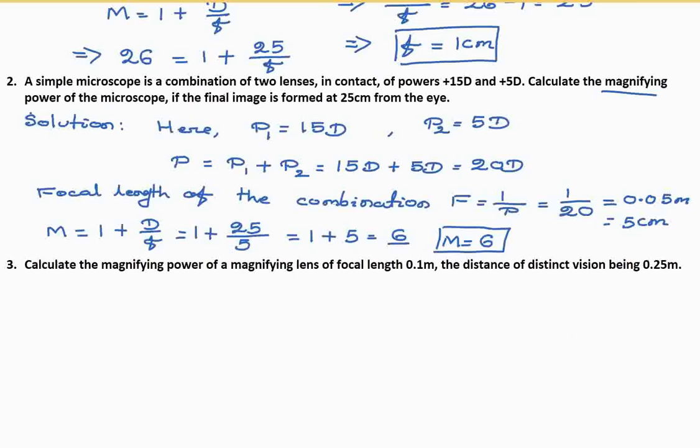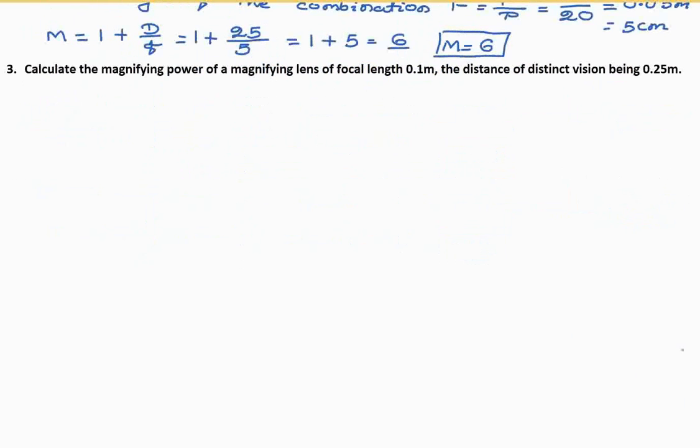Now the last numerical. Calculate the magnifying power of a magnifying lens of focal length 0.1 meter. Here the distance of distinct vision is 0.25 meter.